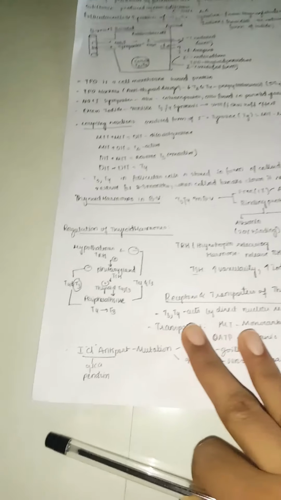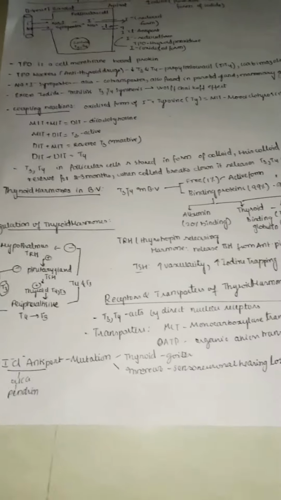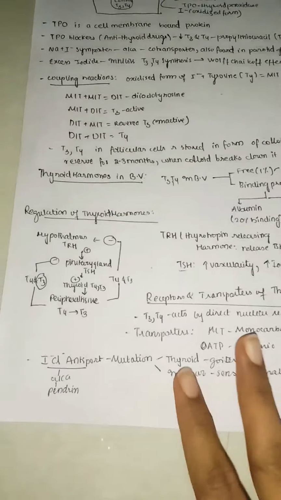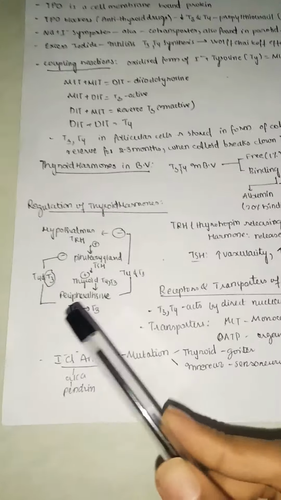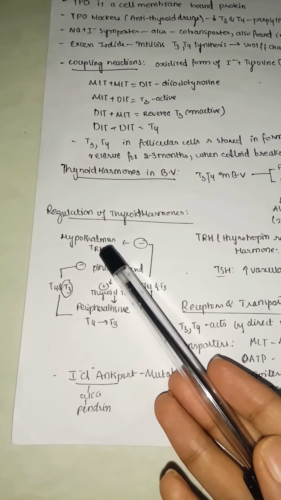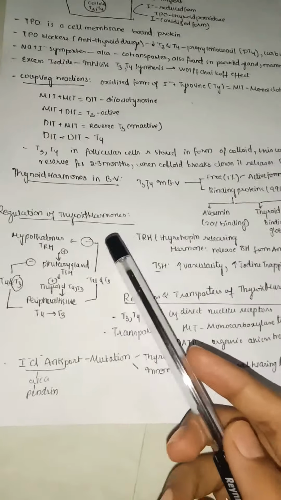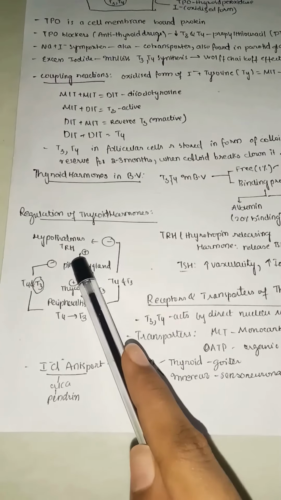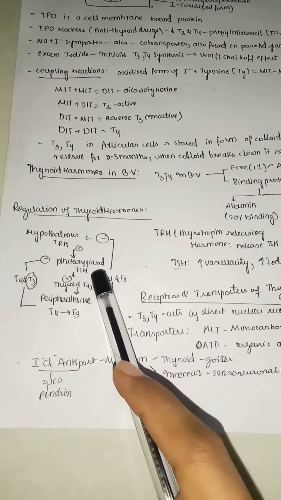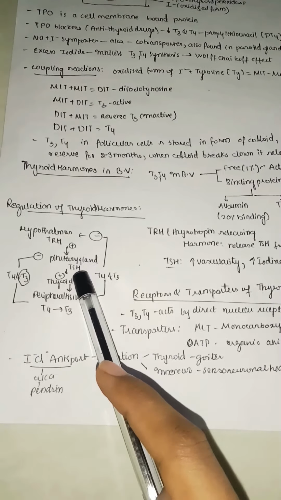So now let us see the regulation of thyroid hormones. Of course the head for any hormone which is coming from the pituitary gland is the hypothalamus. So from the hypothalamus, thyrotropin releasing hormone is released, and this thyrotropin releasing hormone stimulates the pituitary gland, and the pituitary gland releases thyroid stimulating hormone.